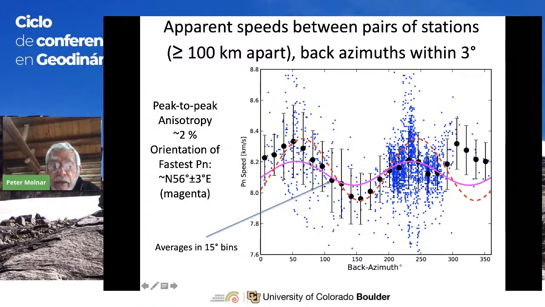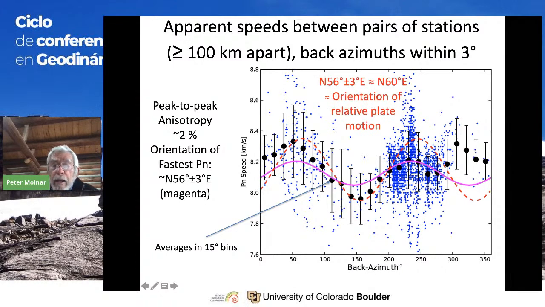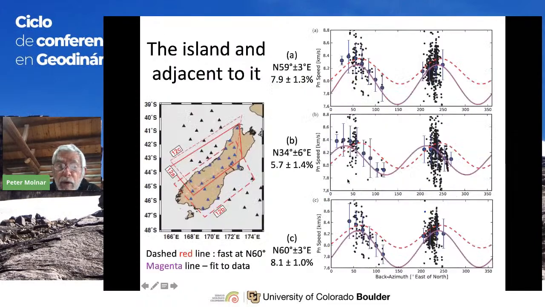The magenta line is showing you what you would have fitting the data, and the red line is showing if you're aligned with north 60 east, as I recall. So you can see a hint of anisotropy taking all of the data. And I should point out, north 56 plus or minus 3 is very close to north 60 east. So the data on average, ignoring all the scatter, suggests anisotropy parallel to plate motion.